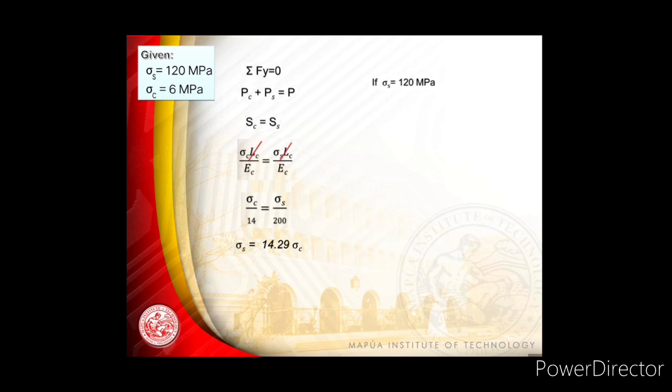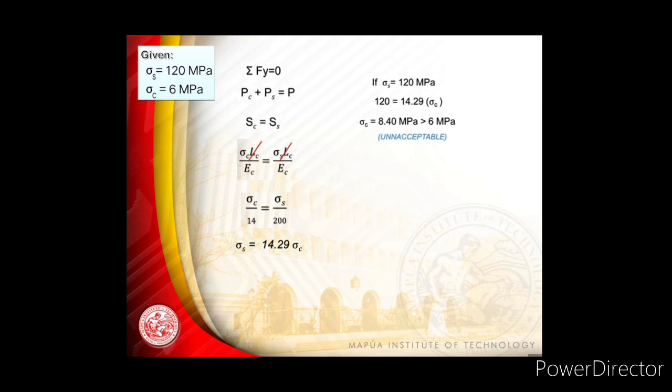Substituting from the previous equation, 120, that is the value of the stress of the steel, is equivalent to 14.29 times the stress of the concrete. If we allow the steel to reach 120, concrete will reach 8.4 megapascal, and that is exceeding the allowable given value of 6 megapascal, so it will not be acceptable.